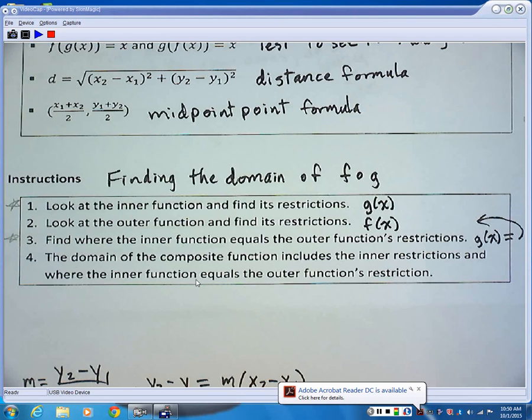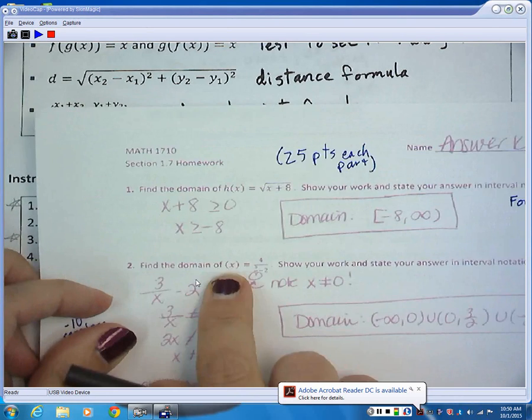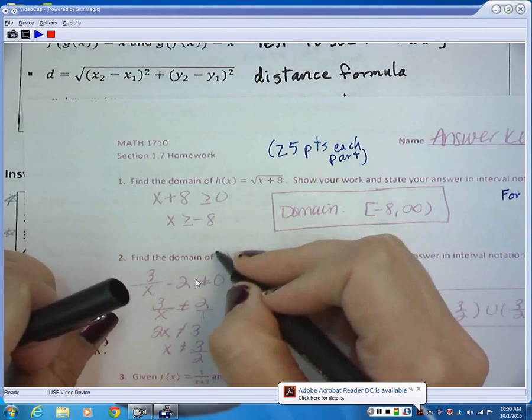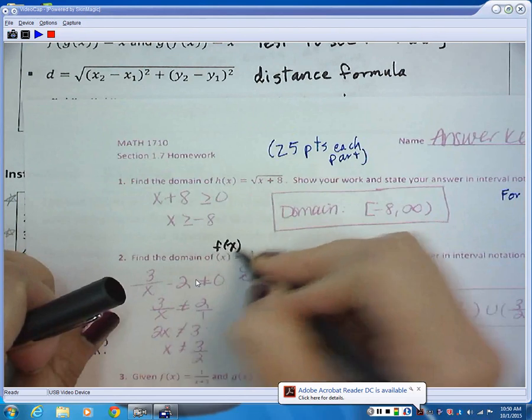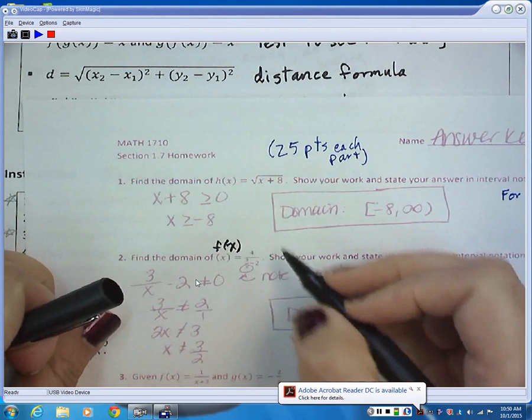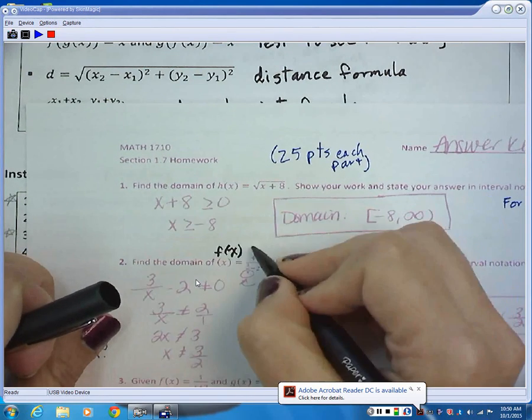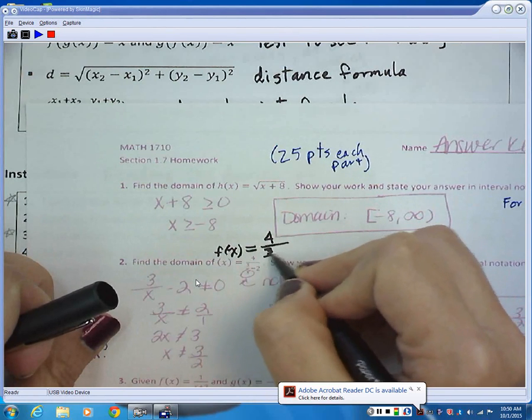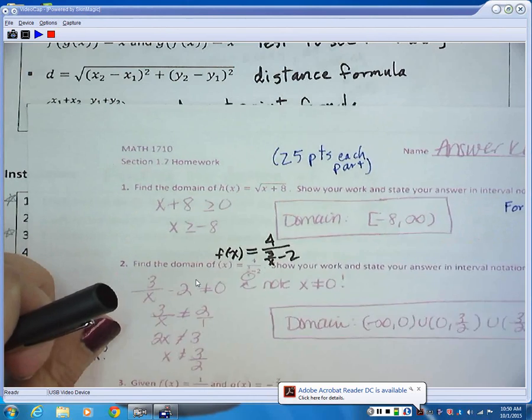So here, 1.7 worksheet, f of x equals 4 over 3 over x minus 2.